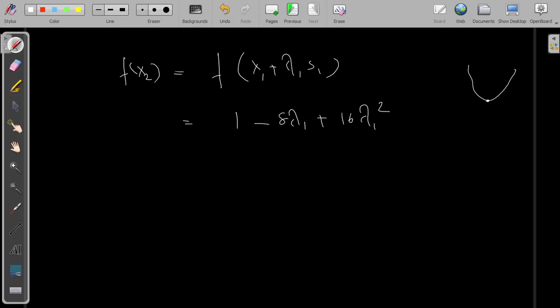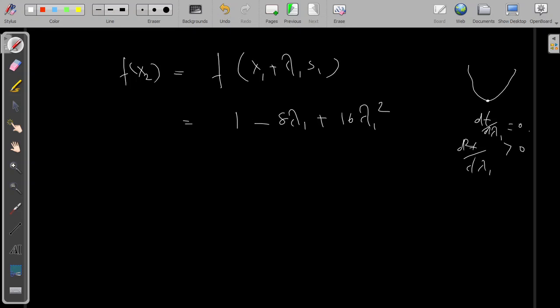For the optimum solution, you can differentiate once and differentiate again twice, and put the condition. Actually, d square f by d lambda 1 squared should be greater than zero, and df by d lambda 1 equal to 0.